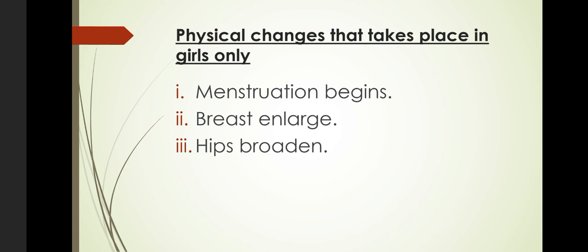So I'll begin with the changes that are exclusively for girls. So change number 1 is menstruation, the beginning of menstruation. Then number 2 is that breast will start enlarging, and number 3, the hips will start broadening. Those 3 changes will only occur in girls alone.